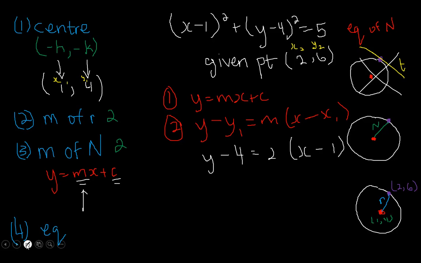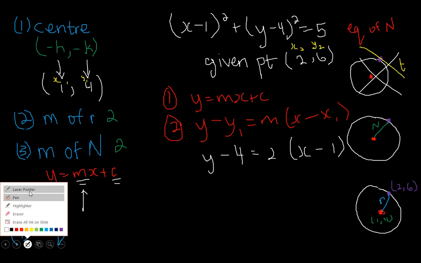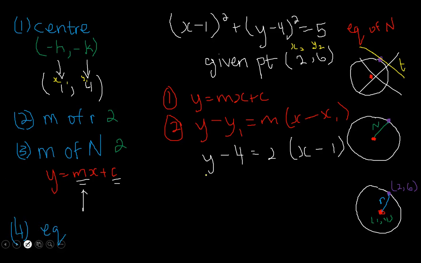And what we need to do, we need to transpose. Transpose just means to make something the subject of the formula. So we need to make y the subject of the formula. You may be wondering, why do we need to make y the subject of the formula? Because we need it in this form. Y is equal to mx plus c. So y minus 4 is equal to, we could expand these brackets, so 2x minus 2.